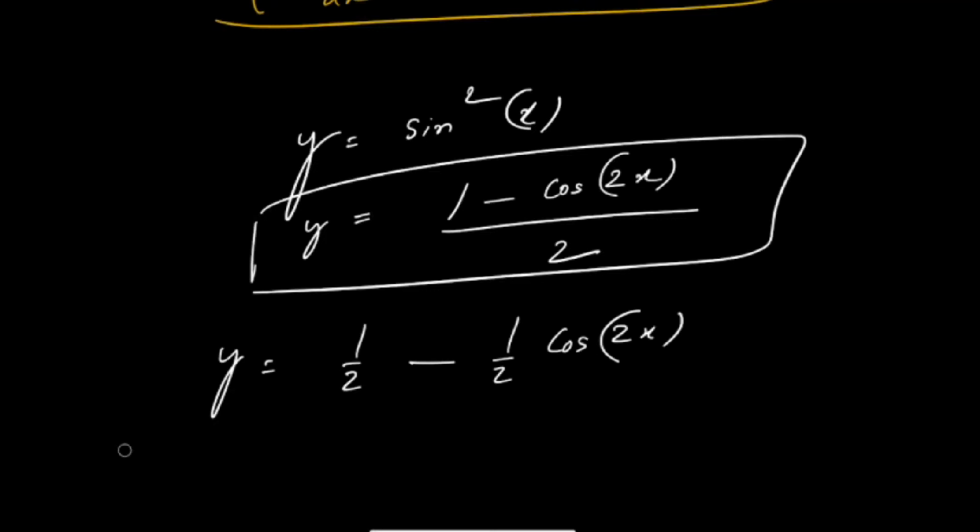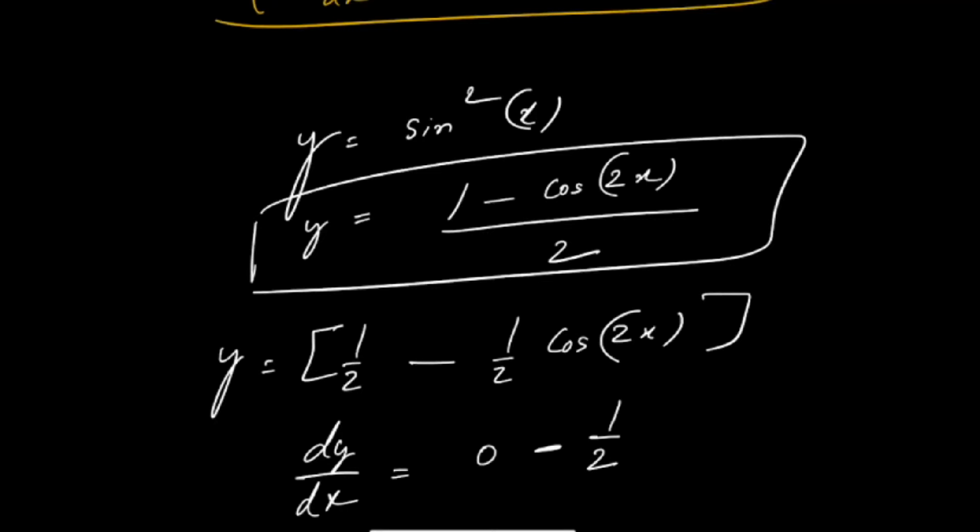Now let me do dy by dx. Dy by dx of 1 by 2 is what? 0, because a constant has derivative 0. Minus 1 by 2 is a constant which is multiplied to this, so I am writing it as it is. So what is the derivative of cos 2x? What is the derivative of cos x? It is minus sin x.